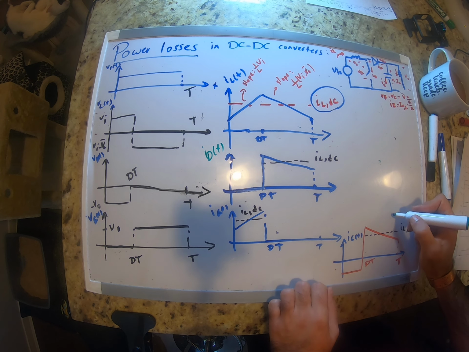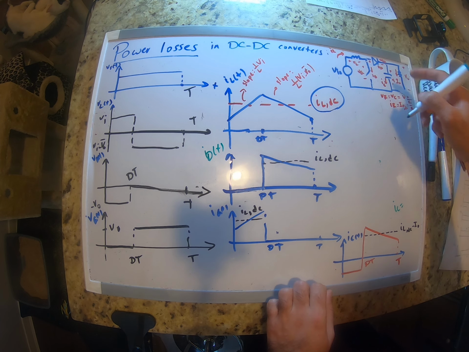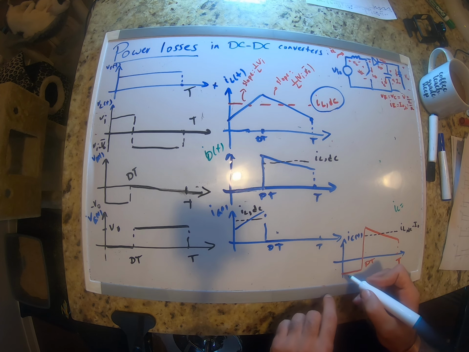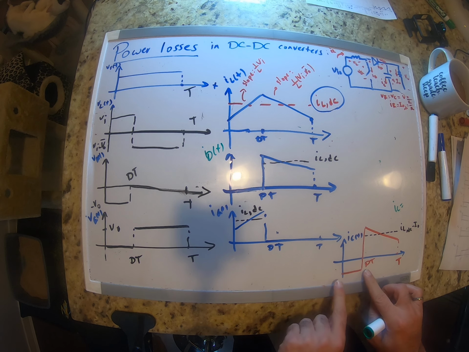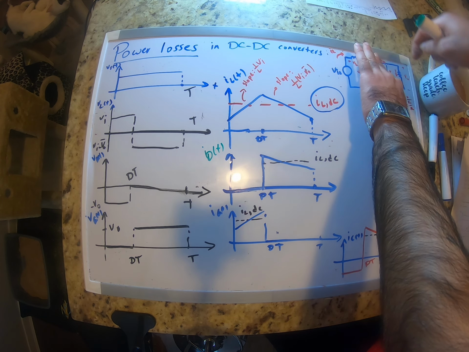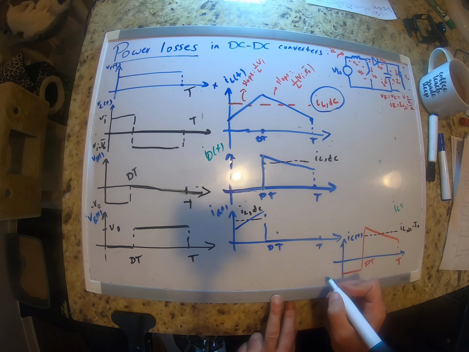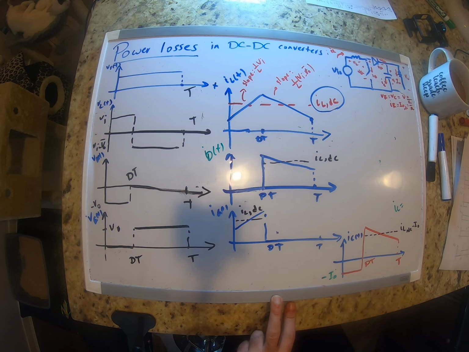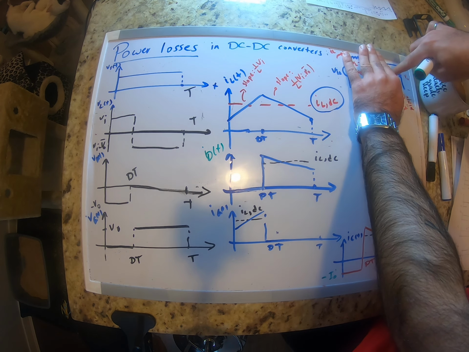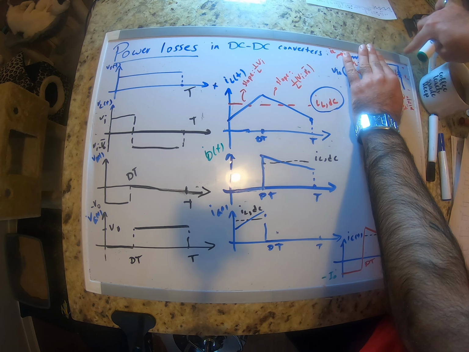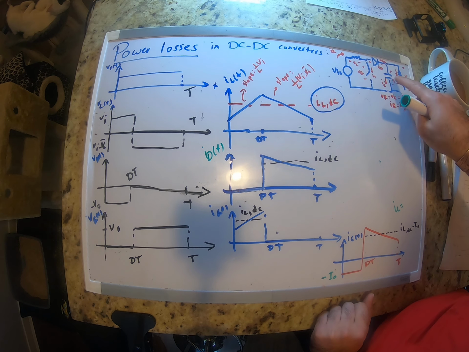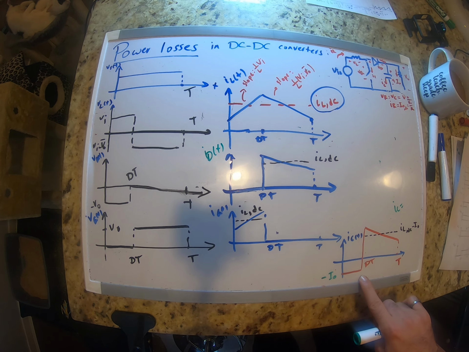For IC, for when the switch is on, the diode is off, so IC is basically negative IO, right? Because we only have an RC circuit where the same current goes through R and C, but because of the notation direction that we chose for IC and IR, IC is going to be negative IO.